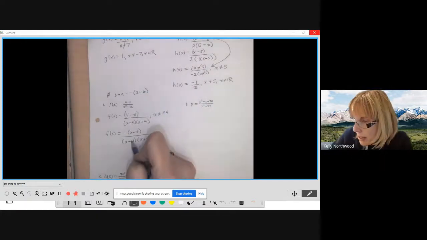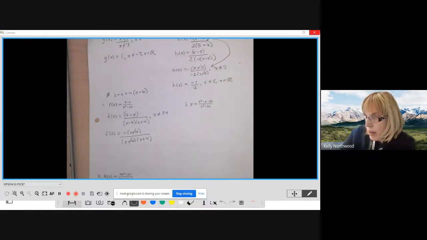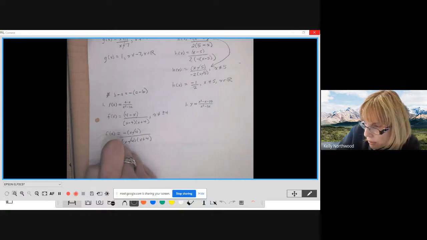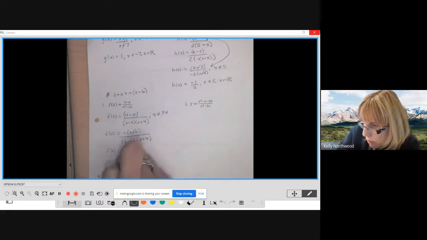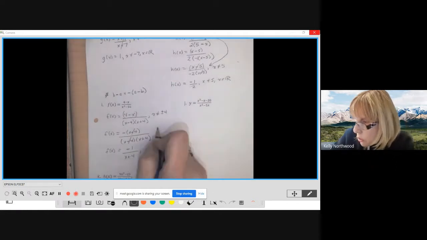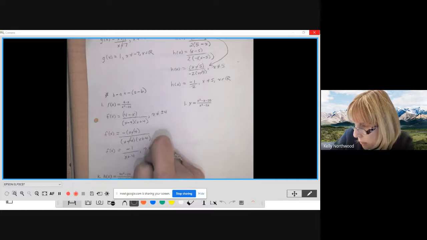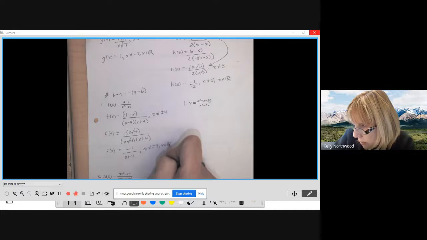So now I've got exactly the same factors in the numerator and the denominator, so they can divide out to give me 1. So in the numerator, I'm going to have negative 1. So I have the negative sign still there. In the denominator, x plus 4. And then the domain, x can't be positive or negative 4, but it can be any other real number.